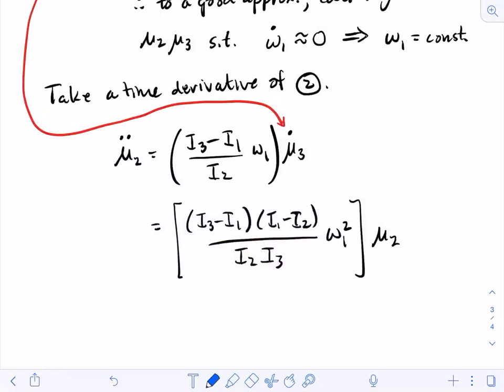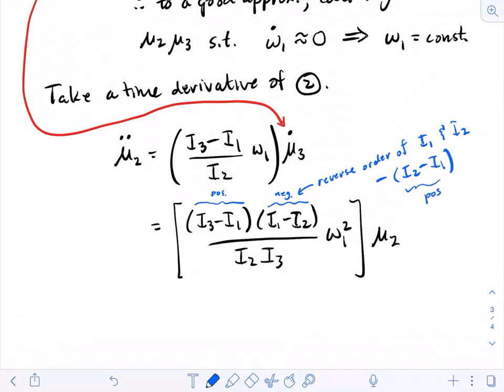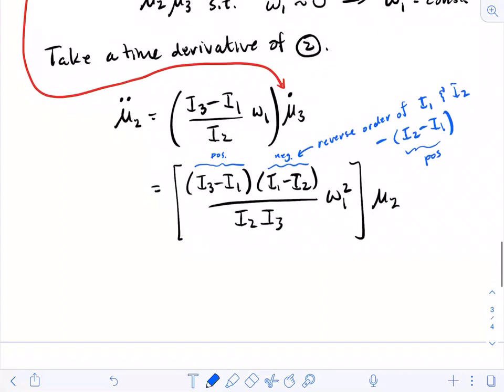So this I3 minus I1 is positive, and this I1 minus I2 is negative. So in this one, I'm going to reverse the order of I1 and I2, and rewrite this as minus I2 minus I1. If I do that, then this thing in brackets is positive, and then we get a negative sign out front.